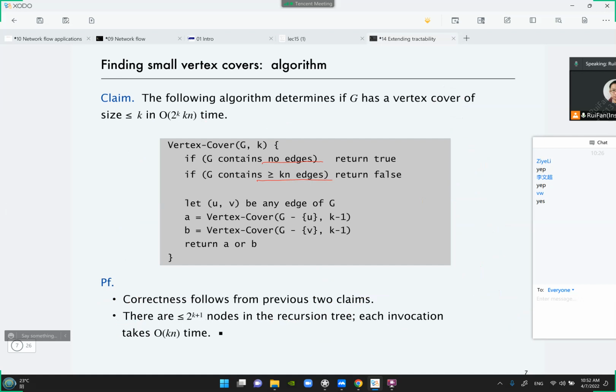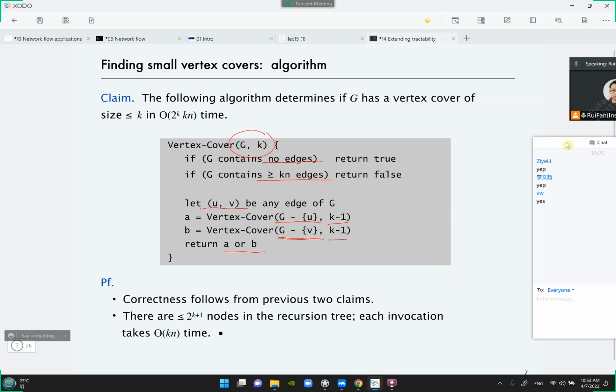And next, we're going to make use of the first claim, and we're just going to pick any edge UV. What we know is that if the overall graph can be covered using k nodes, then either G minus U or G minus V can be covered using k minus 1 nodes. So therefore, we're just going to try to cover G minus U with k minus 1 nodes, and also G minus V with k minus 1 nodes.